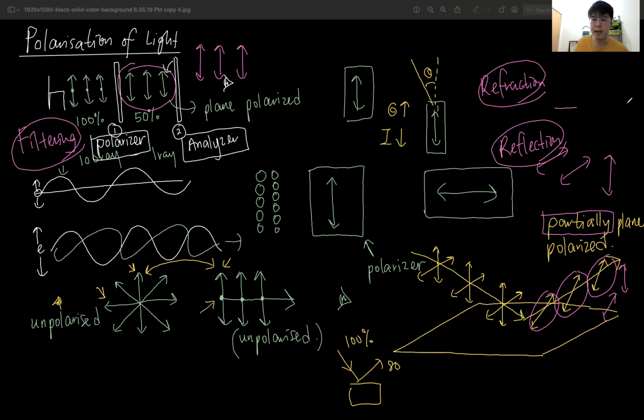For example, the light goes from air into water. There's a refraction. Again, you have unpolarized light coming here. After it goes into the second medium, water, it becomes partially polarized also. But seldom will they ask that; it's just to give you a general idea of the different ways that you can polarize light.